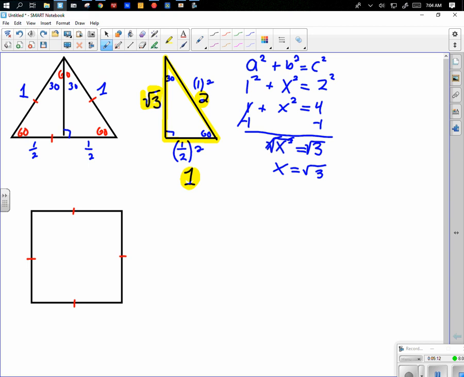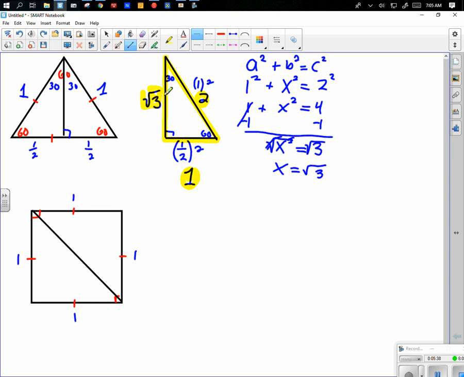And to make the math easier, let's say that each side is 1, 1, 1, 1. And all the angles are 90 degrees. Okay, so like before, we cut this square in half.